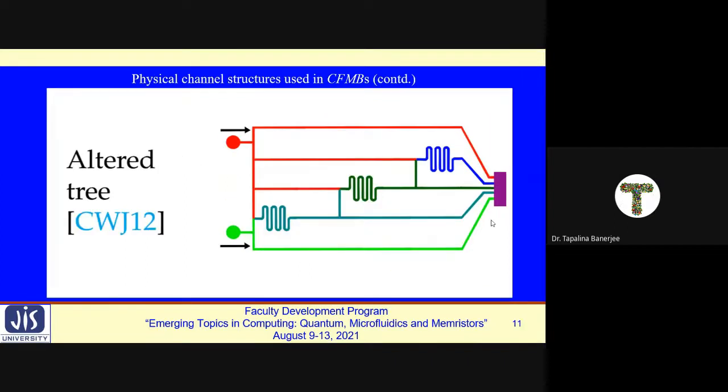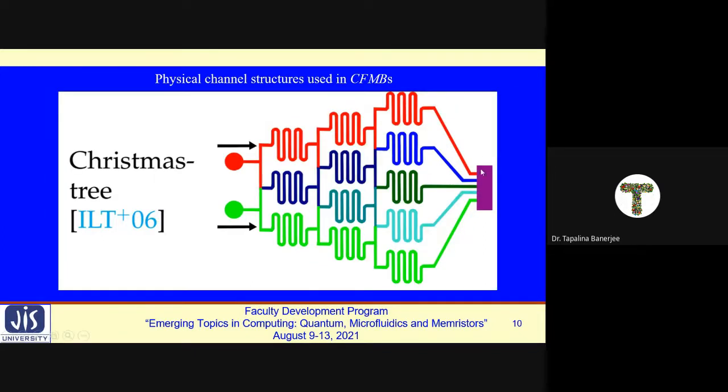Next one. Here, another view. A modified fluidic network is used to generate the same number of concentrations, just like the previous Christmas tree. You can see here it is 1, 2, 3, 4, 5 outputs.